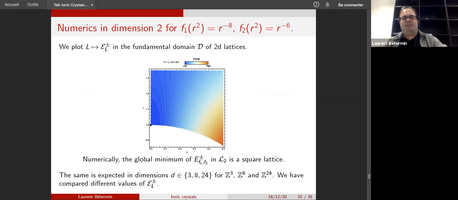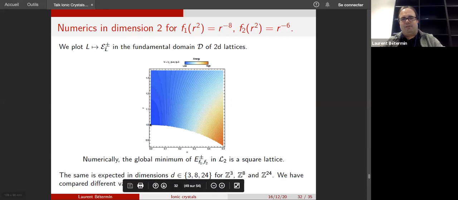So that's the half fundamental domain of lattices, as I explained before. And the minimum, the blue part, is exactly here. That's exactly the point that corresponds to the square lattice, meaning that for my energy with alternation of charge, the global minimum should be a rock-salt structure, a 2-dimensional rock-salt structure. That's what you see here. And we did a lot of experiments with other parameters.